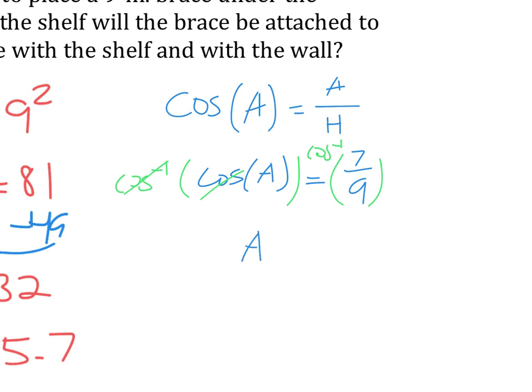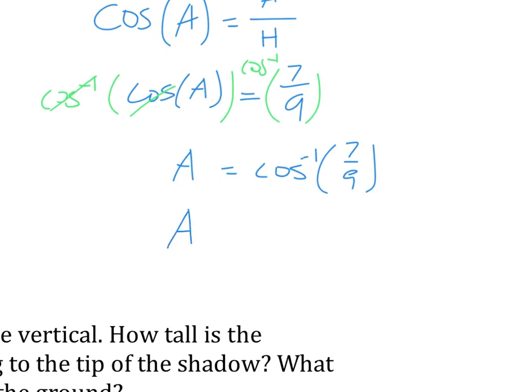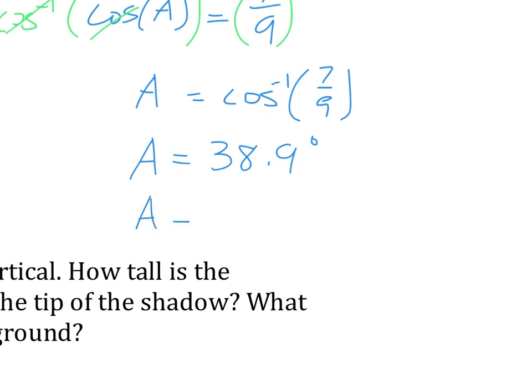So angle A is the cosine inverse of 7 over 9, which, if you do on a calculator, is 38.9 degrees. And so we'll round that up. Typically, we like to round angle measures up to the nearest whole angle. So we're going to say 39 degrees.